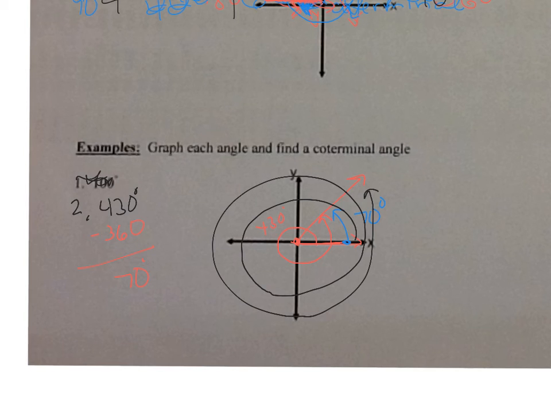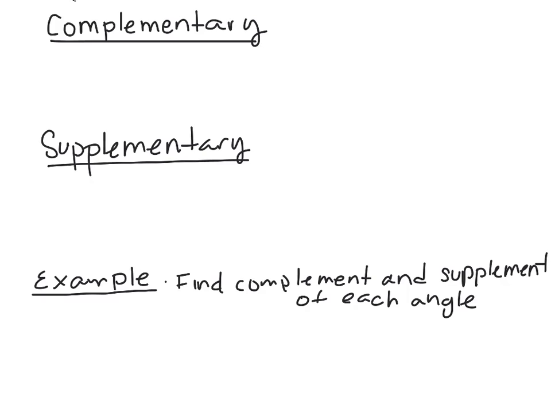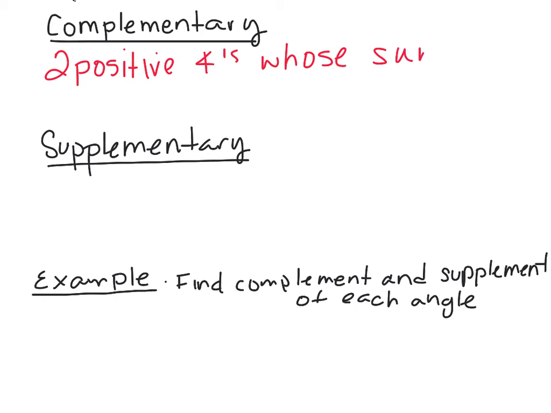All right, so let's flip it over, and we have one more thing to do, and let's talk about complementary and supplementary angles. Complementary angles are two positive angles whose sum is 90 degrees.